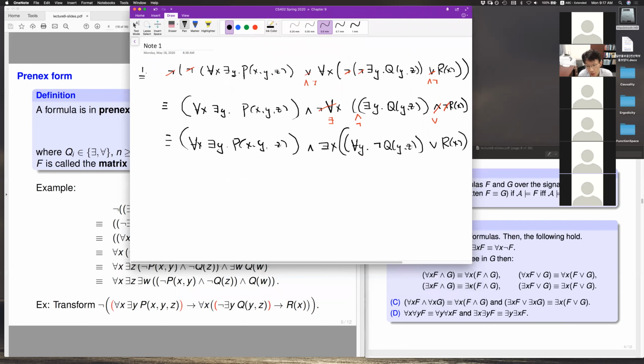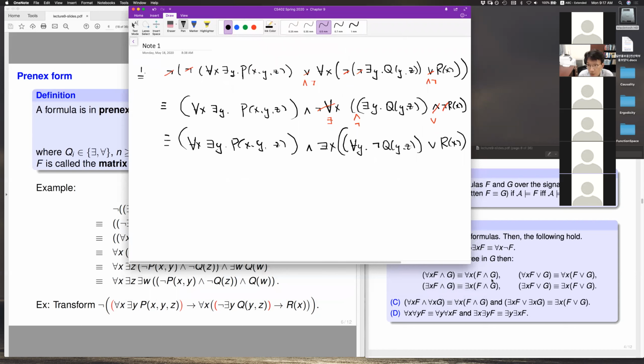So we use the laws that allow us to move a formula inside and outside of existential and universal quantification, as long as that formula doesn't contain the quantified variable as a free variable. That's the case here. We have r of x, and that doesn't contain y as a free variable, so we can move r of x inside.